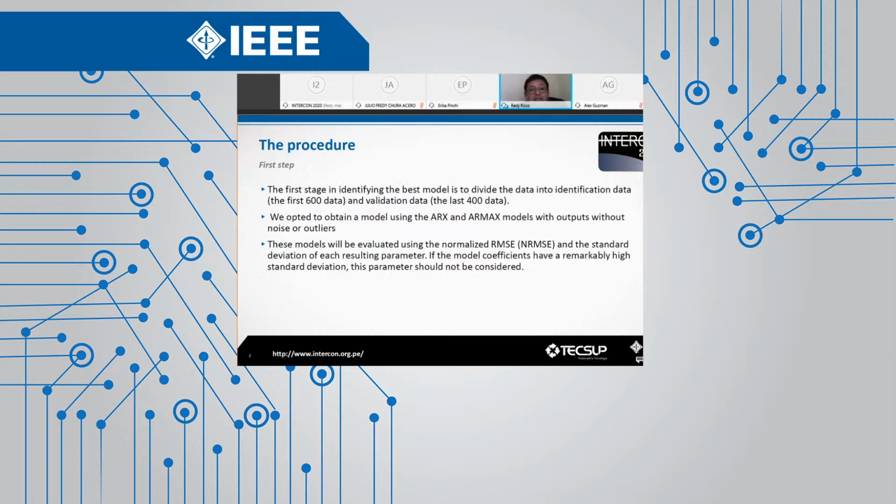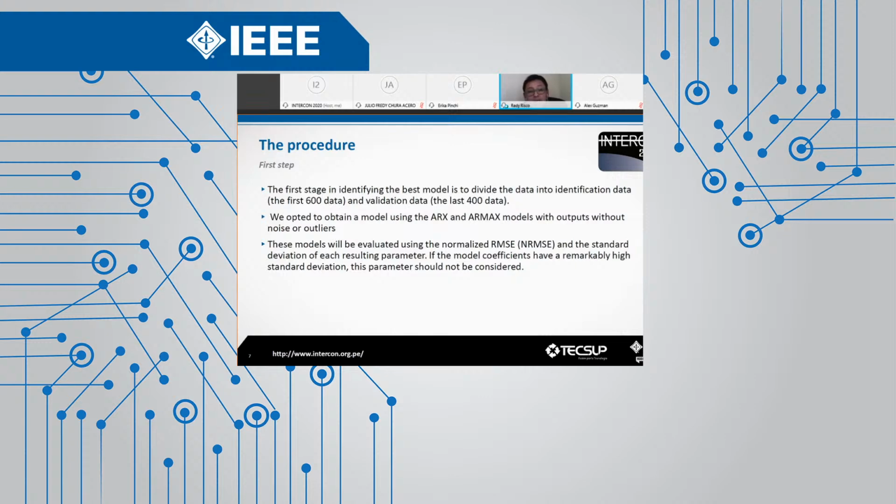The first step to identify the best model is to divide the data into identification data, 60%. We have 1,000 registers, so we use the first 600 data points, and for the validation data, the last 400.